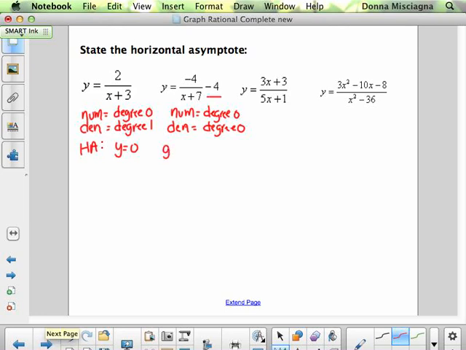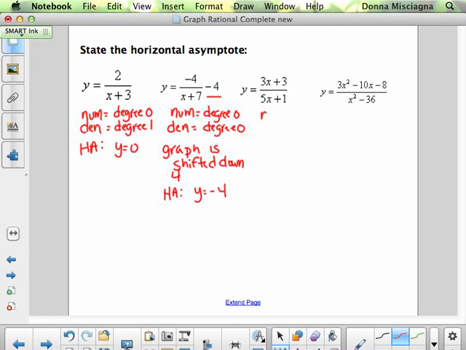So the graph is shifted down 4. That means the horizontal asymptote is now going to be y equals negative 4. It was 0, we shifted the graph down 4, and so now it's y equals negative 4.